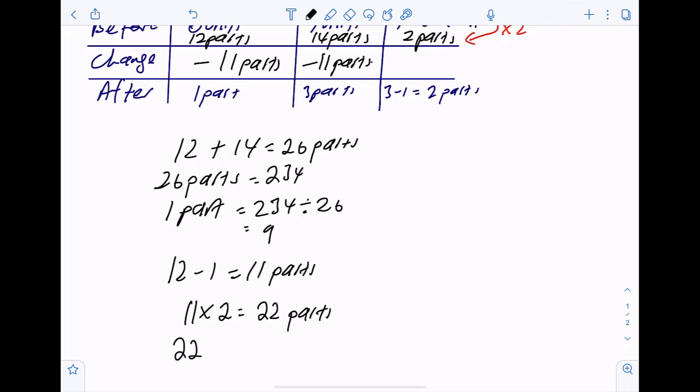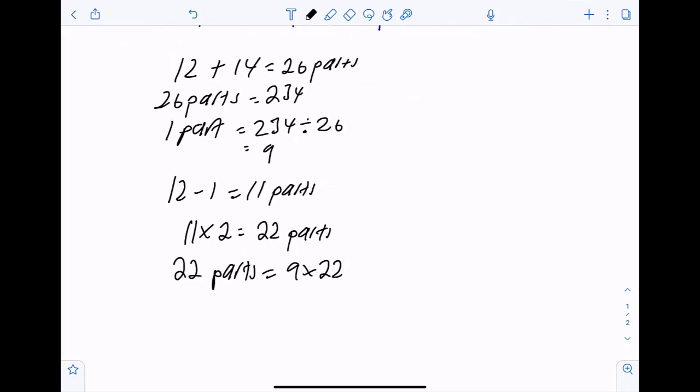And what's the value for 22 parts? That will be equals to 9 times 22, because 1 part is 9. So 9 times 22, we will achieve the answer of 198 cupcakes sold, which is our final answer for this question.